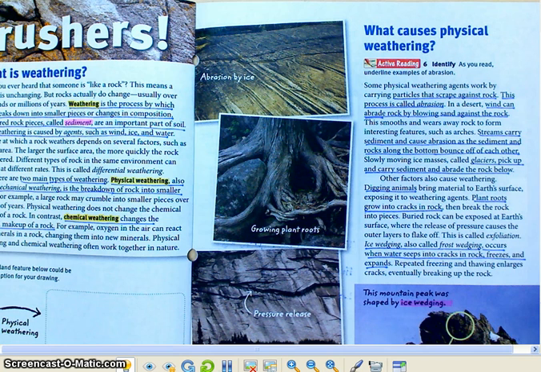Wind can abrade rocks, cause abrasion, by blowing sand and other little particles against the rock. If you've ever seen a sandblaster or one of those power washer things, that's basically what it does.